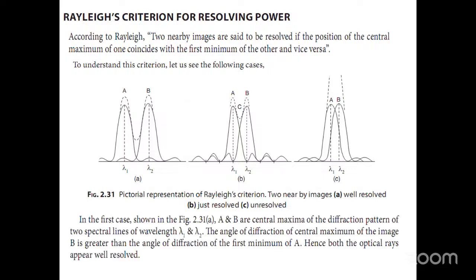Capital A and B show the central maxima of the diffraction pattern of two spectral lines. The corresponding wavelengths are lambda 1 and lambda 2.